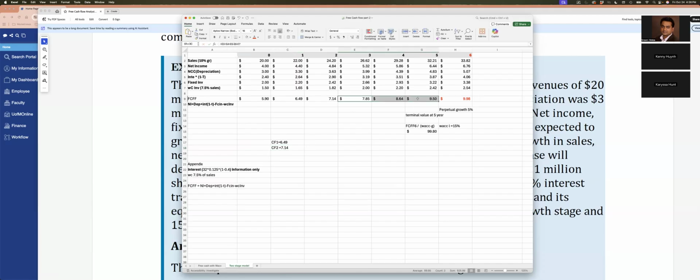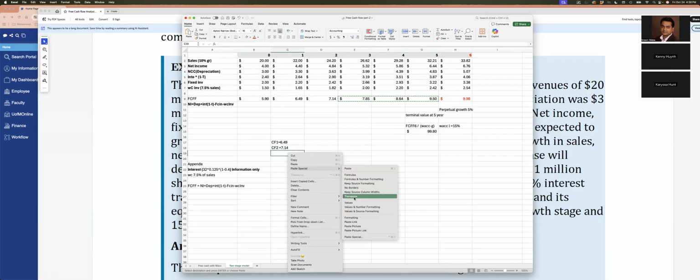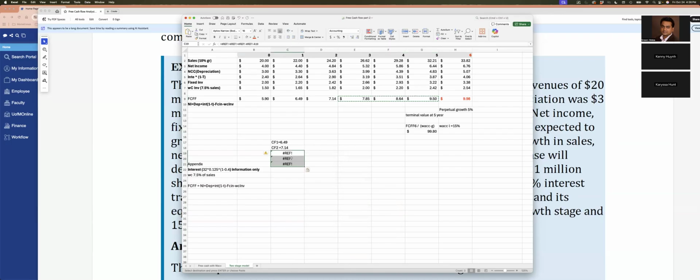CF3 equals 7.85, and the free cash flow for the firm is 8.64. And CF5, you need to calculate two of them, right?